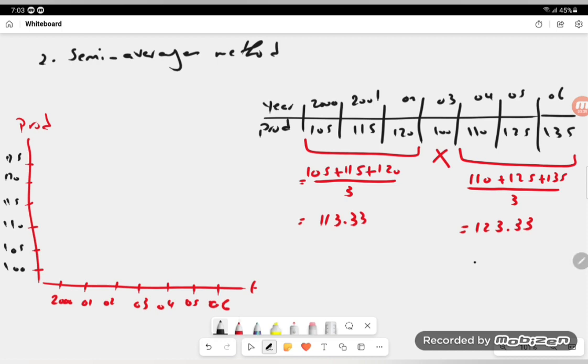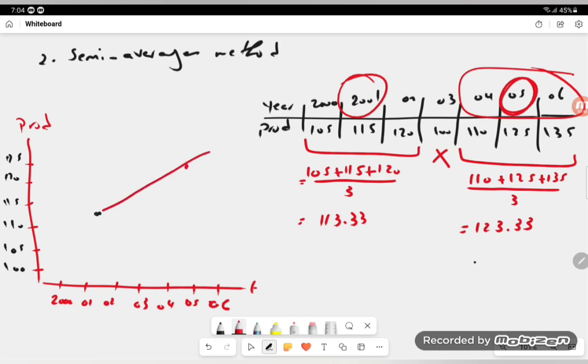The middle of the 3 years is year 2001. So in front of 2001, it will be 113. And in front of year 2005, which is the middle of the other 3 years, it will be 123.